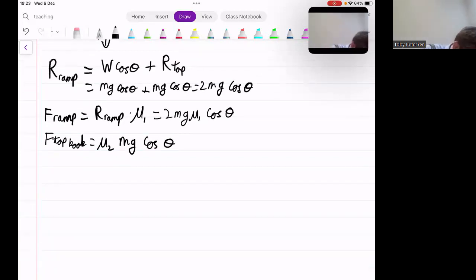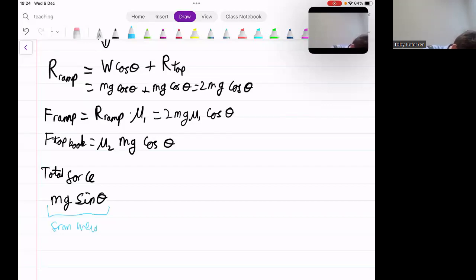So let's look at the total force. Firstly, we have the force down the slope from its own weight. And we also have the friction of the top book pulling it down.